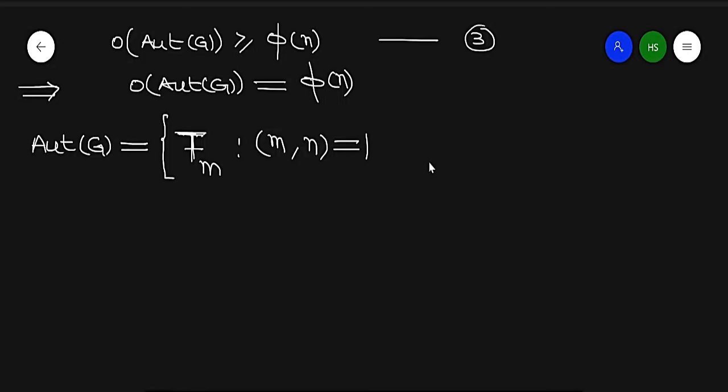And m is greater than or equal to 1 and less than n. When it becomes 1, it is the identity. So this is an automorphism of G.